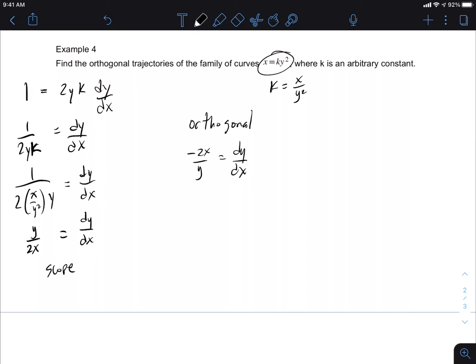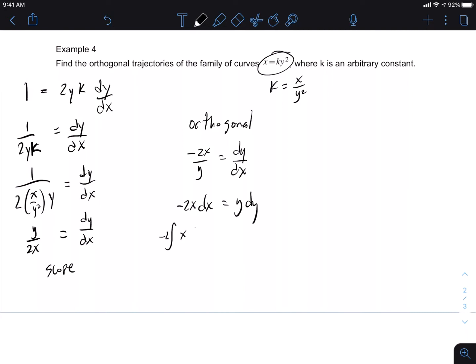Agreed. Now from here, we're going to use separability to create a family of equations, curves, that are orthogonal to x equals ky squared. So I'm going to get negative 2x dx is equal to y dy. I'll integrate.